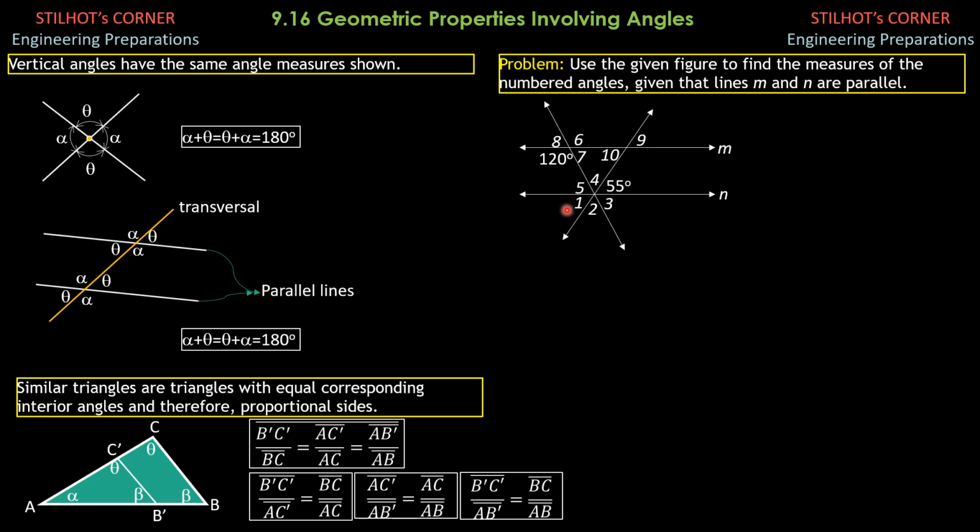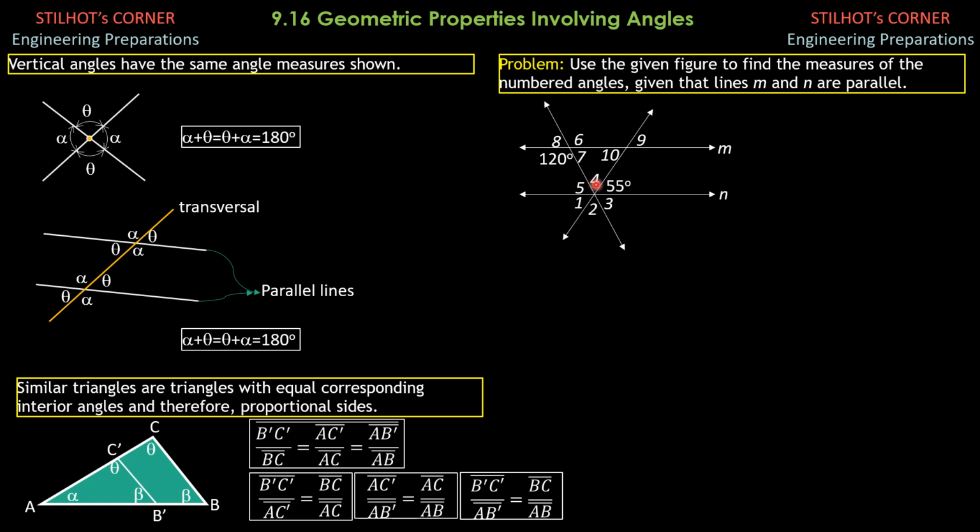So 55 plus 60 is 115. 180 degrees minus 115 degrees is 65 degrees. So angle 2 is 65 degrees. Angle 3 is 60 degrees.